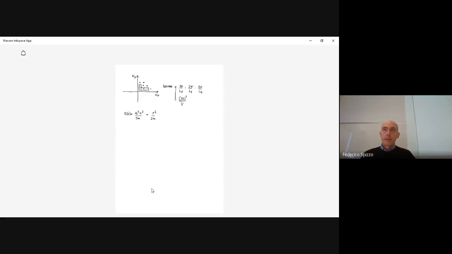So two levels having the same modulus of the wave vector but different direction have exactly the same energy. If you choose a sphere, all the levels over the surface of that sphere have exactly the same value for the energy.